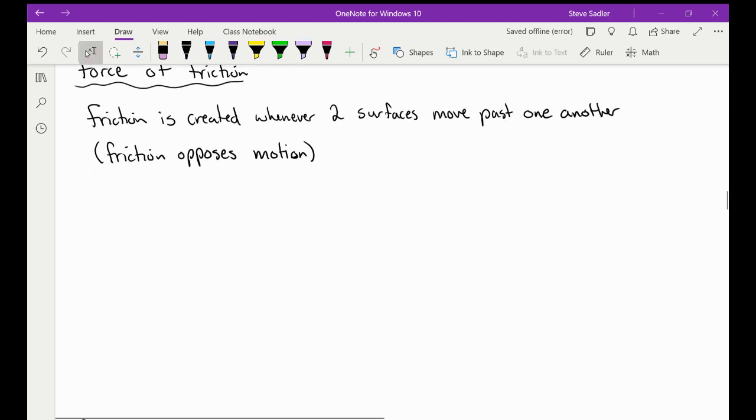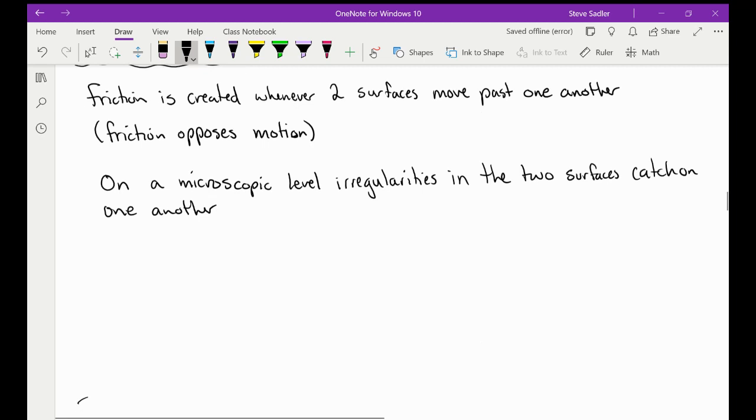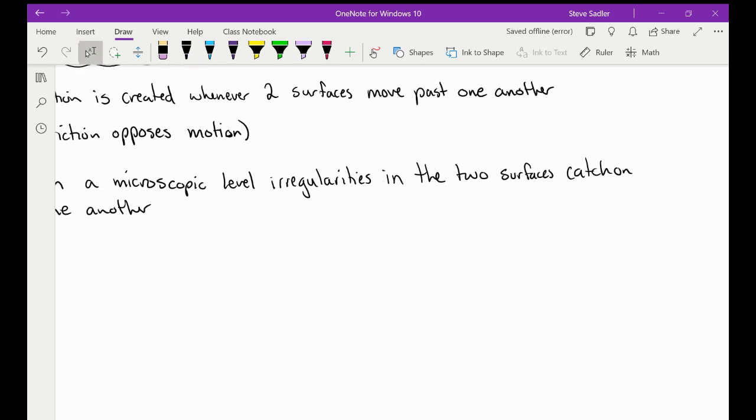So basically, friction happens because on a microscopic level, on a tiny, tiny level, if we zoom really far in, there are irregularities. So the irregularities in the two surfaces catch on one another. So if you think about your book on a table, you might draw it like this, right?